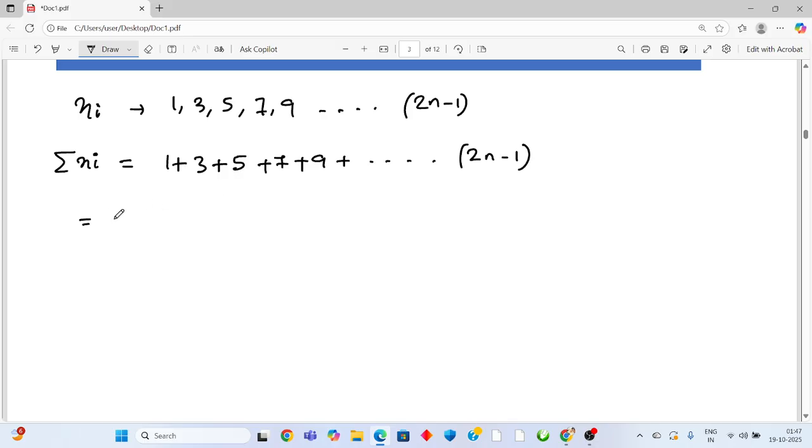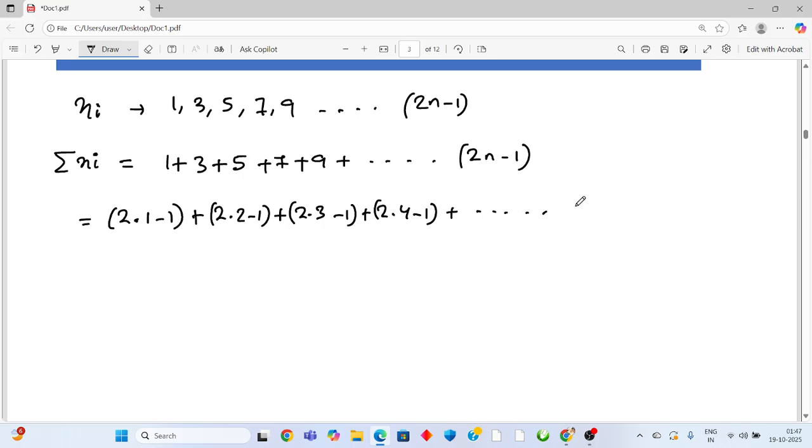Now I can write 1 in terms of 2 into 1 minus 1, 3 in terms of 2 into 2 minus 1, 5 in terms of 2 into 3 minus 1. Similarly, 7 in terms of 2 into 4 minus 1, and on and on.